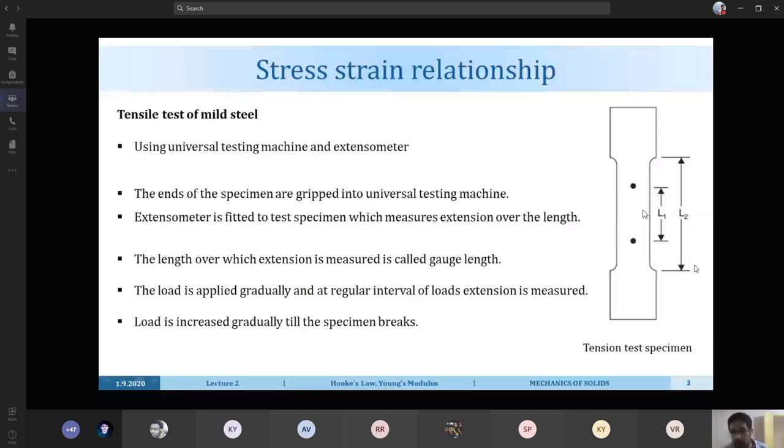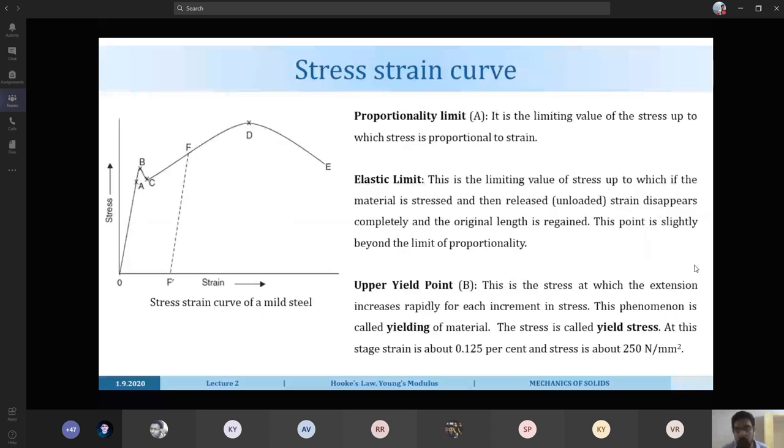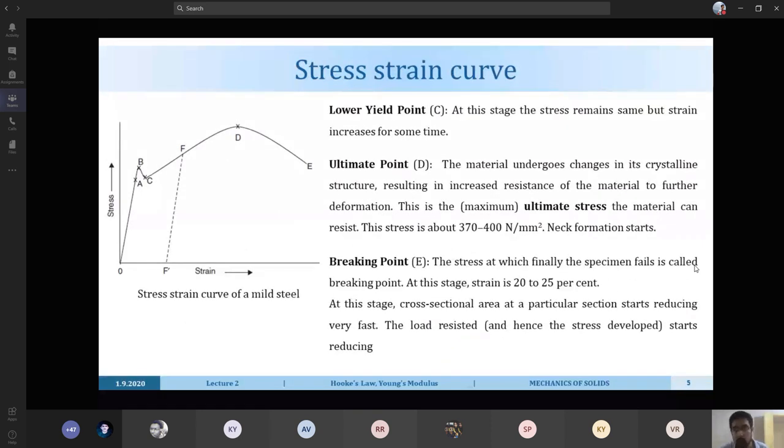At a certain moment, the cross section width is something like this. After that it reduces. So when it fails, the cross section gets very small, and that is called necking. So neck formation starts after the specimen reaches this ultimate point.